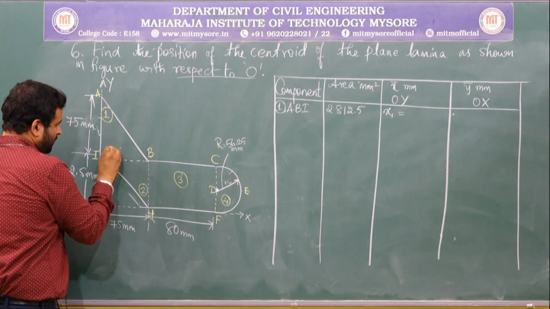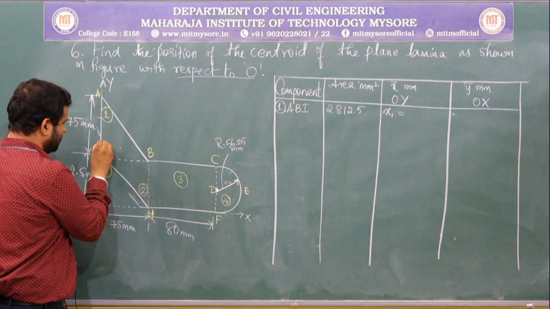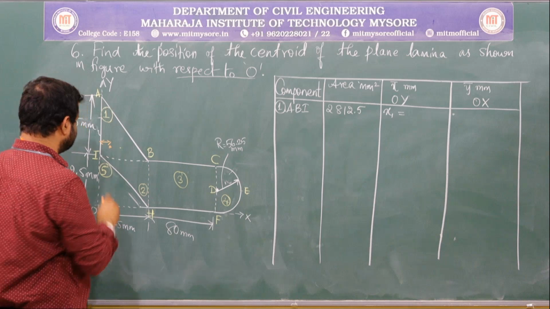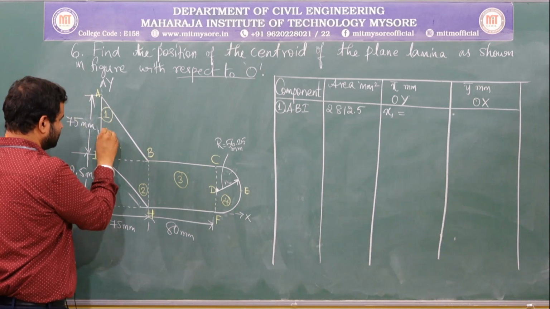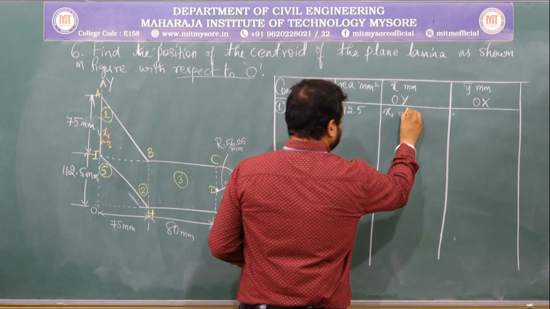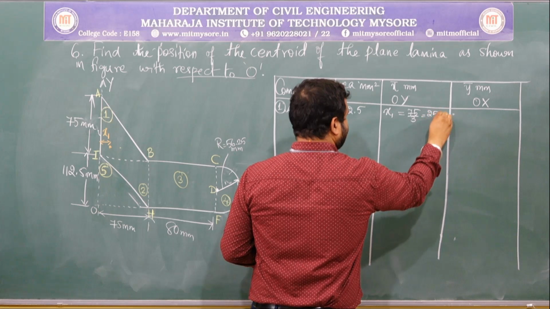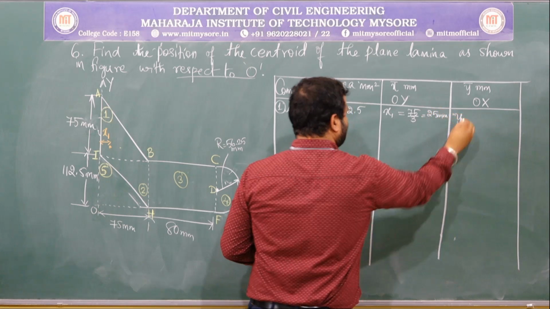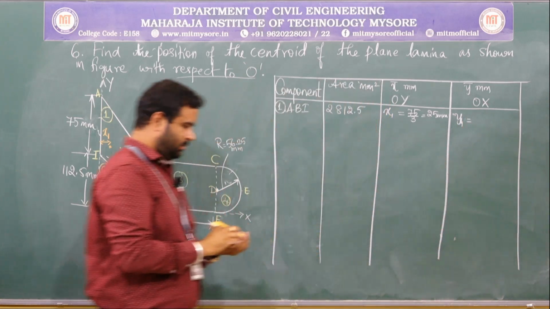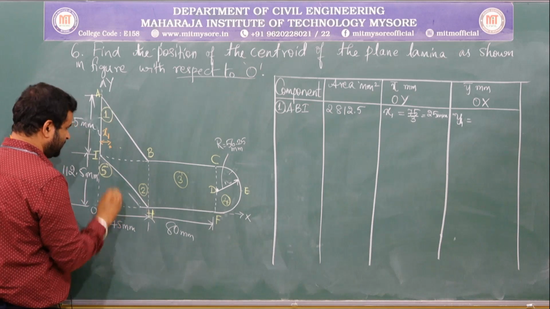So, try to locate the centroidal component of component 1 and measure it with respect to the reference axis or the coordinate axis. This will be x1. So, it is nothing but b by 3. Now, what about y1? Y1 should be measured with respect to the reference axis.